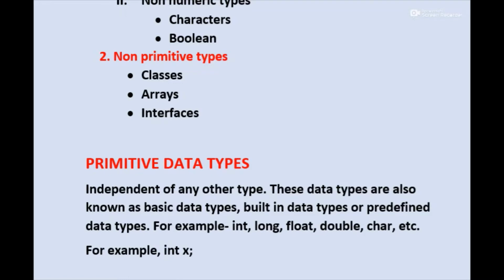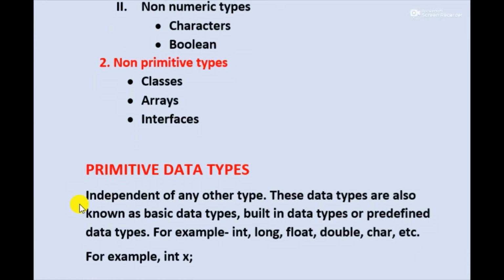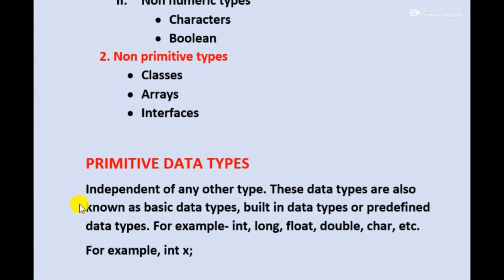These are predefined or built-in data types because the system developers of Java have defined them. So primitive data types are also known as basic data types, built-in data types, or predefined data types. These data types are independent of any other type and defined by the system developers of Java.